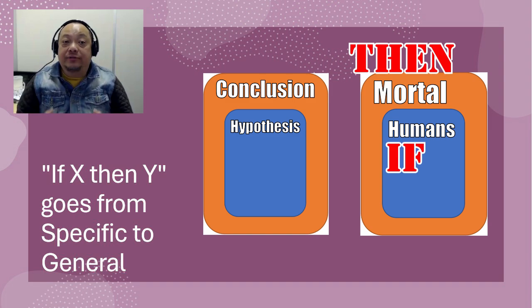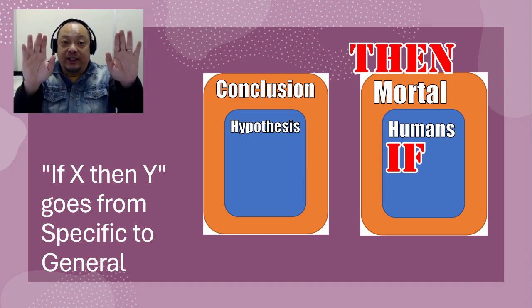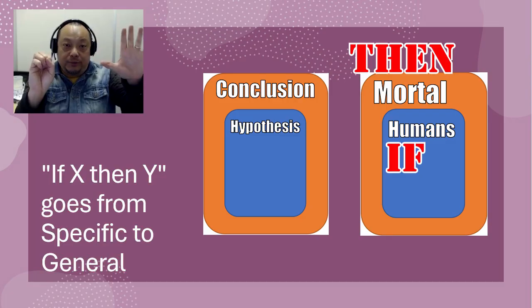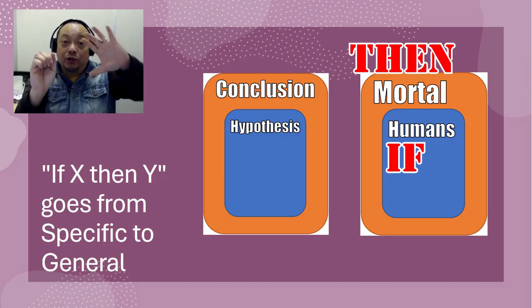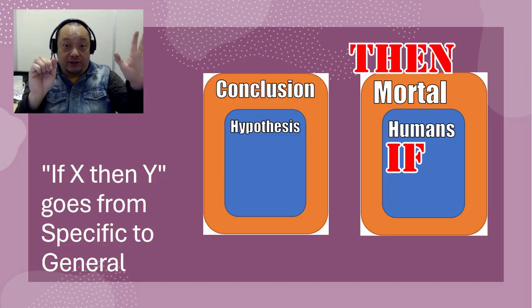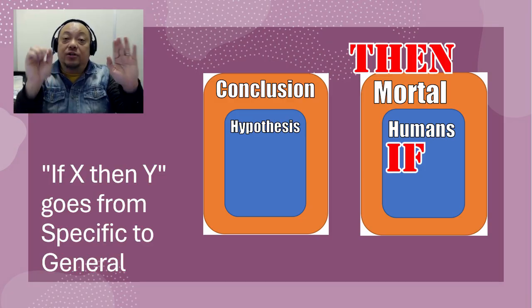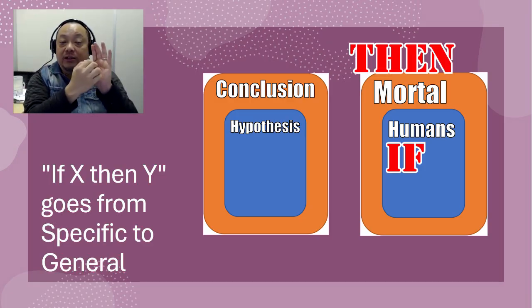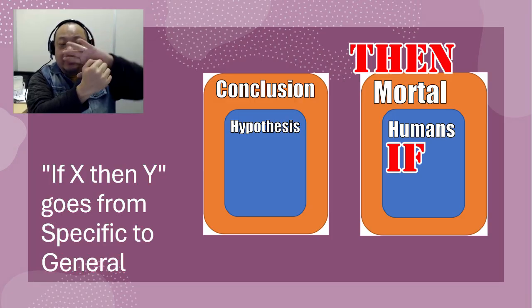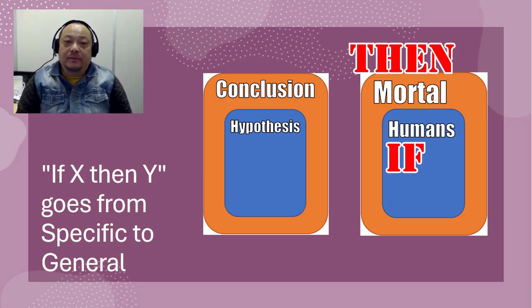When you have the if X then Y statement, it goes from specific to general, specifically human to generally all mortal things. So be careful, don't draw the Venn diagram the wrong way around. Hypothesis inside, conclusion outside.